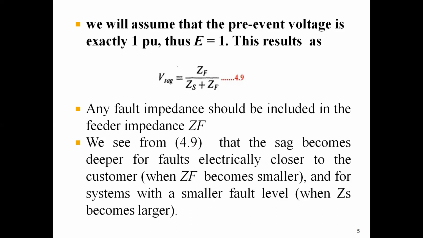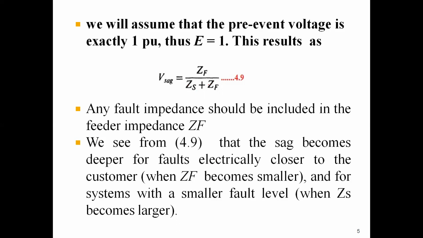Let us name this equation 4.9. From this equation we can see that the sag becomes deeper for electrical faults closer to the customer. Why we say this is a simple mathematical thing. As ZF decreases towards zero, the denominator is reducing and the total fraction will be increasing.